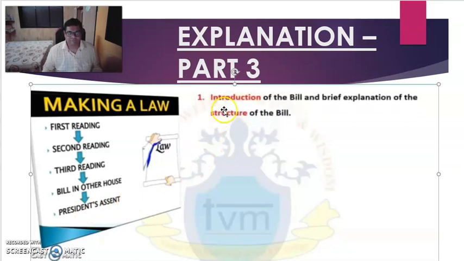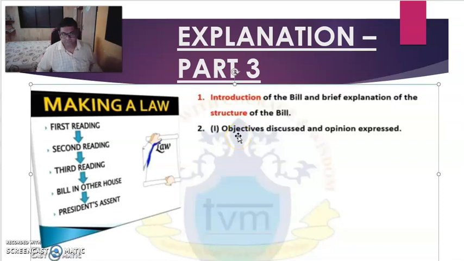In the first reading, the Minister of the concerned department or members of the Parliament presents the bill and briefly explains it as well. There are two stages of the second reading.